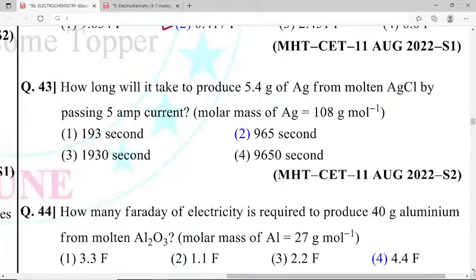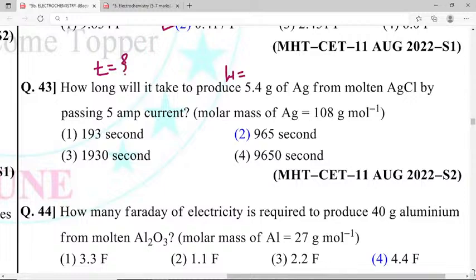How long will it take to produce 5.4 gram of silver from AgCl, silver chloride, with 5 ampere current? So we have to calculate the time. This is the W value, 5.4 gram. So this is the current and molar mass.